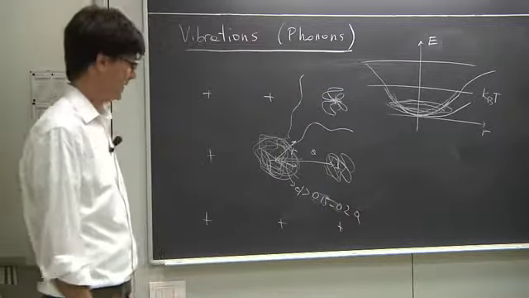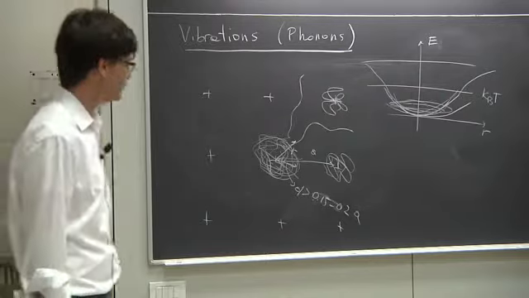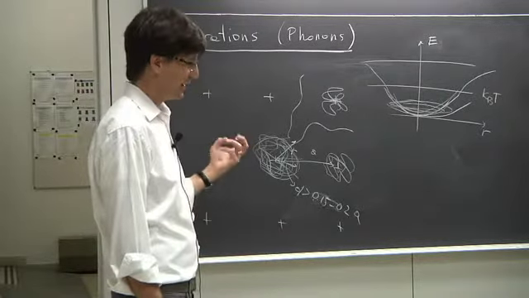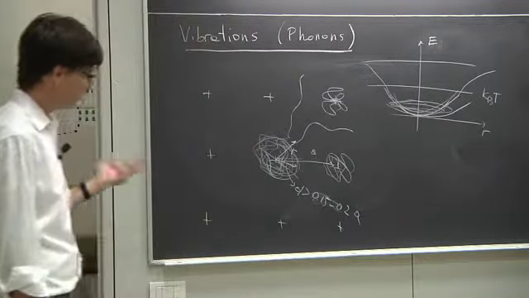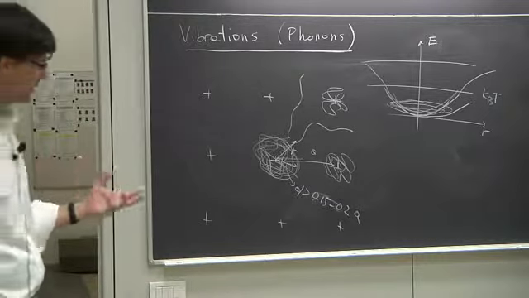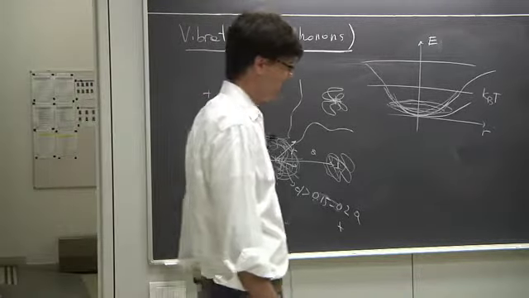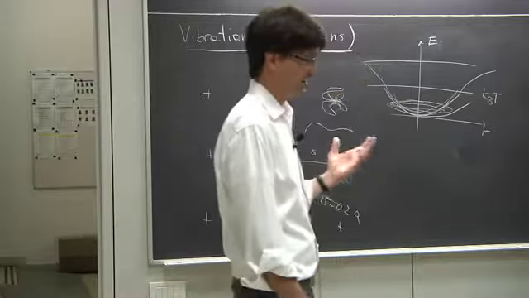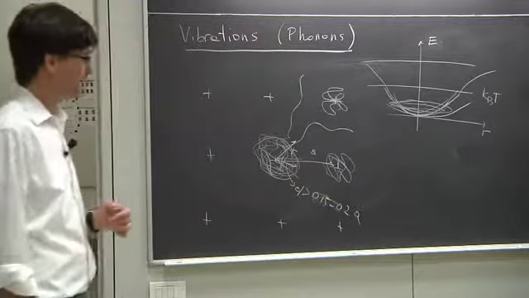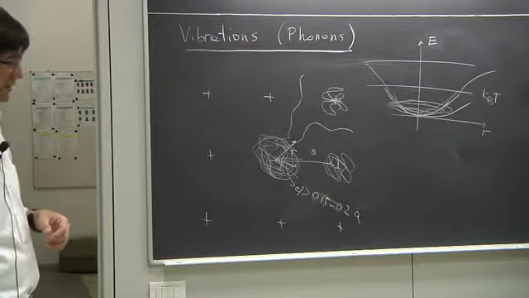I think it's nice to mention it because it gives you an idea of when you should expect that thermal vibrations essentially kill the crystal and lead the system into a fluid, into a melt.